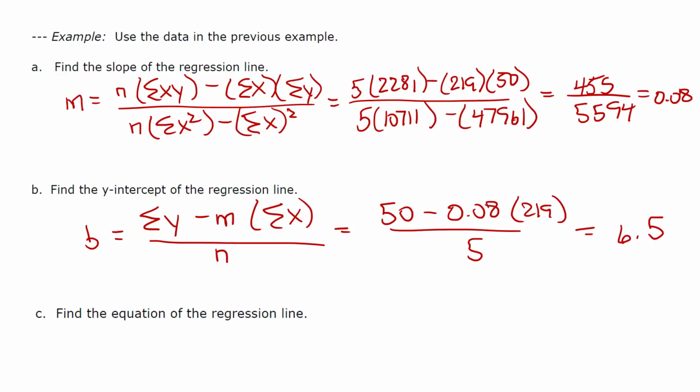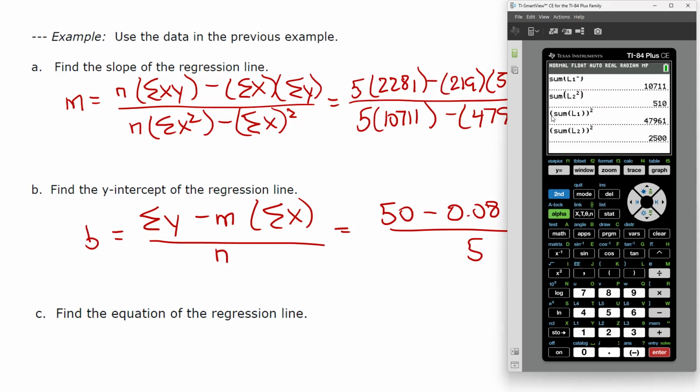Okay. So now let me show you on the calculator how we would find our M and our B. So we already have the data points in our calculator. Okay, so what we're going to do is go to Stat, over to Calc, and go to number 4 and select Enter.